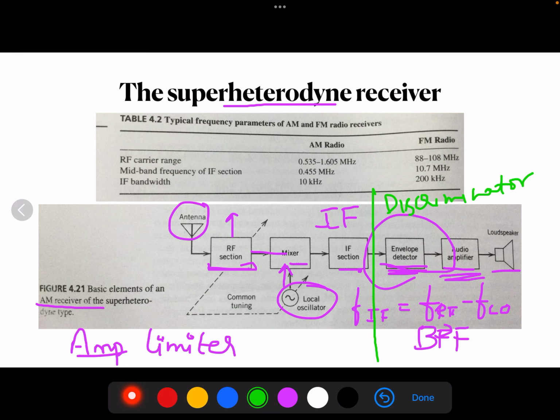Since it is AM, we use an envelope detector. For an FM receiver, it will use a discriminator, then a band pass filter, and then a power amplifier. So this is the change we have to note in an FM receiver.